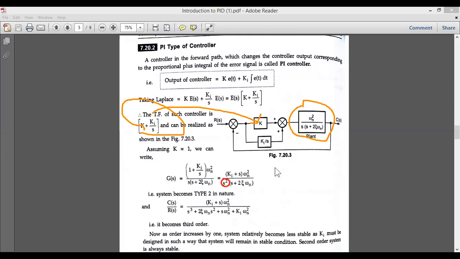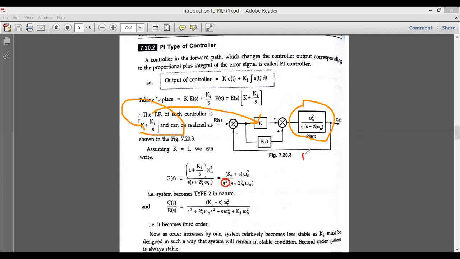So the overall transfer function, that is C of s divided by R of s, can be solved by using the standard transfer function formula, which is G of s divided by 1 plus G of s into H of s. But here the value of H of s is equal to 1.